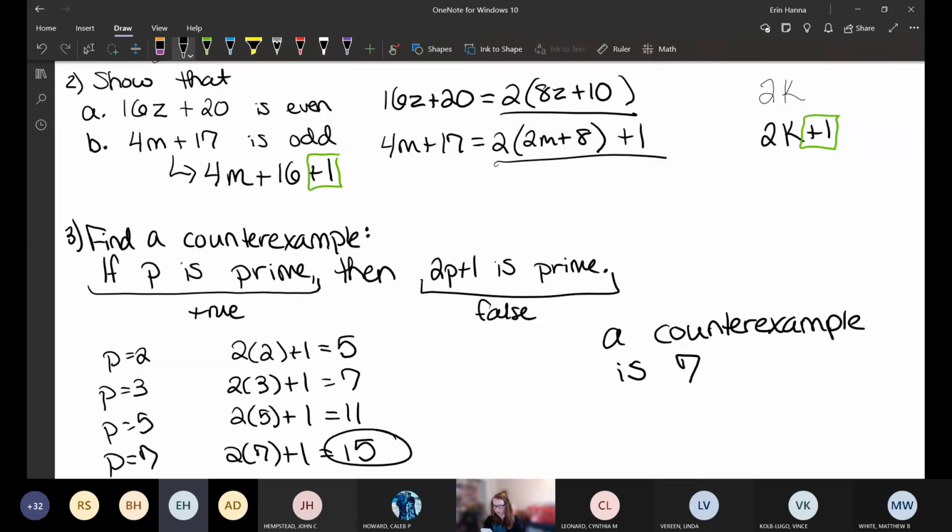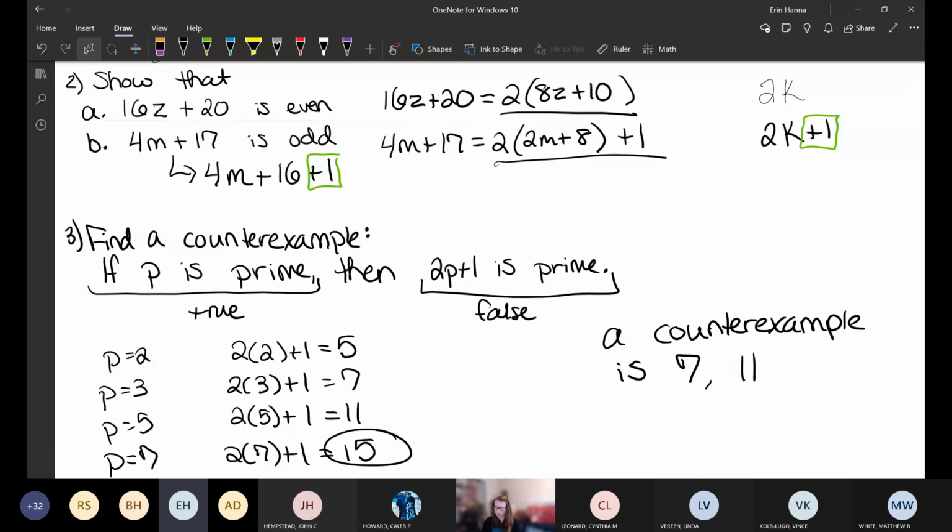So let's see. 11 would not be a counterexample because you get 23, and I believe 23 is prime. 13, I do believe, is a counterexample because that gets you 27.